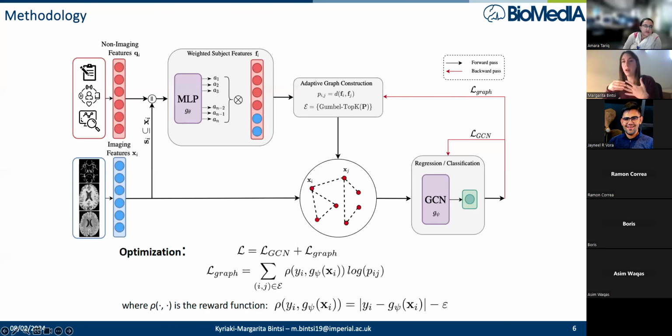If they are not good, they're penalized. So the attention scores are updated accordingly. And the attention scores that give the minimized loss function are the ones that are given the highest scores.